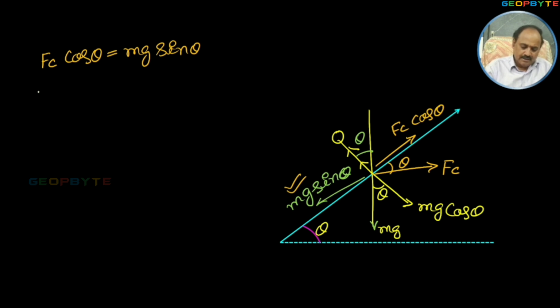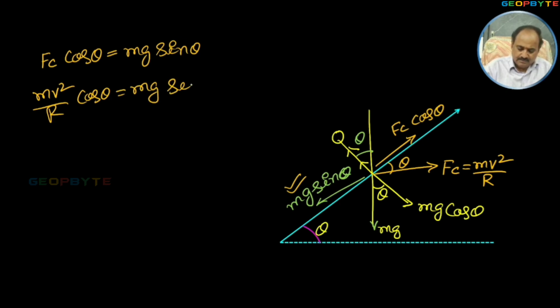But what is the Fc? Fc equals mv square by r. So mv square by r into cos theta is equal to mg sin theta.